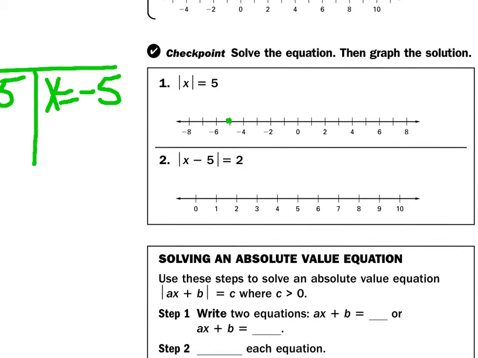Just here or here. And they like to put these little brackety things here to say it's 5 distance. Either way.